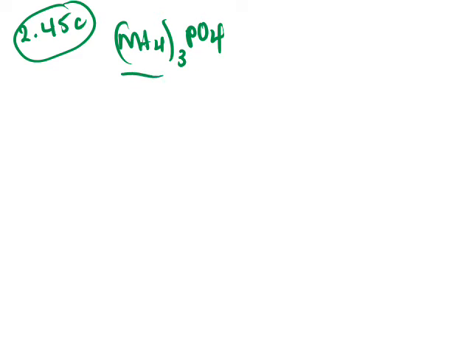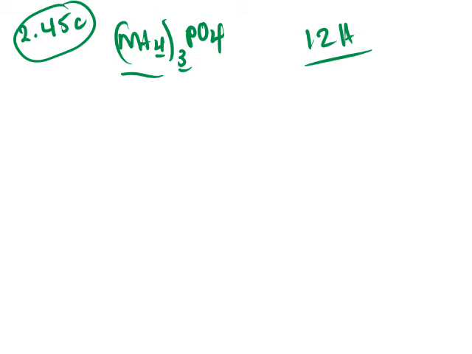In this compound, there are 3 NH4 groups. So basically, you have 4 hydrogen per NH4, and you have 3 of them, and that's why it's 12. So 4 times 3 is 12. The answer to this question is 12 hydrogen atoms present. That should be fairly simple.